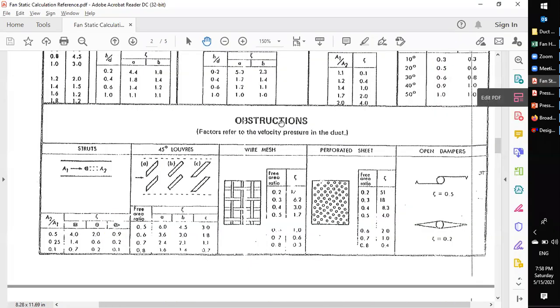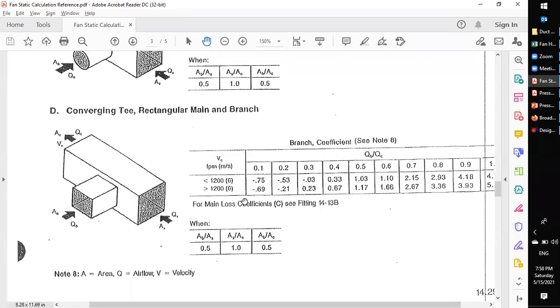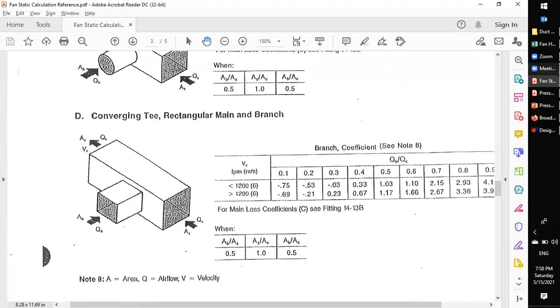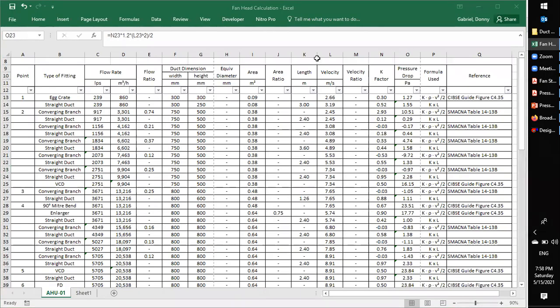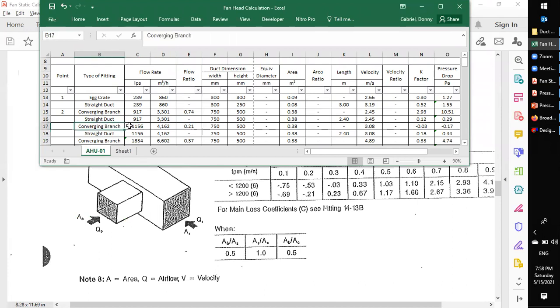Based on the SMACNA guide, on this converging branch, the flow rate ratio of here and here is about 0.21.